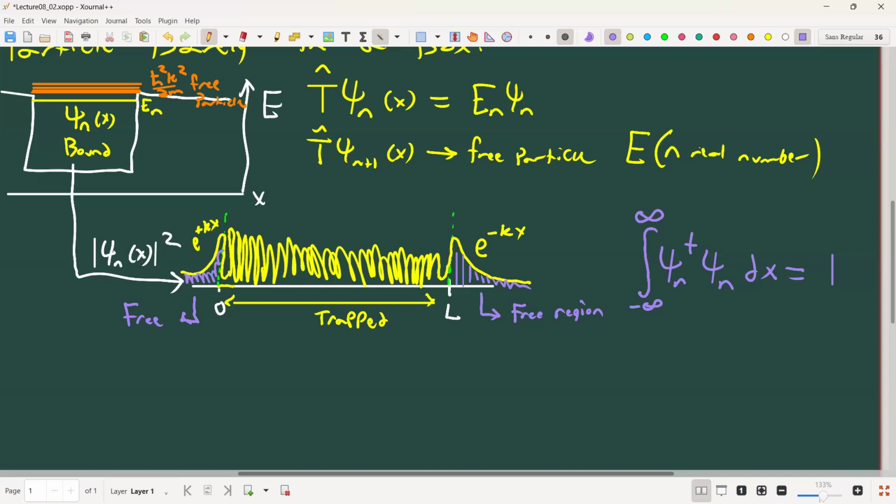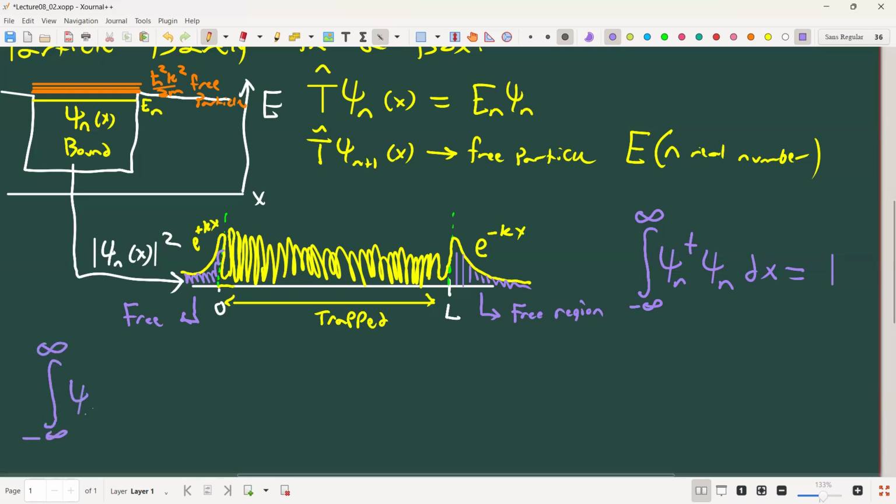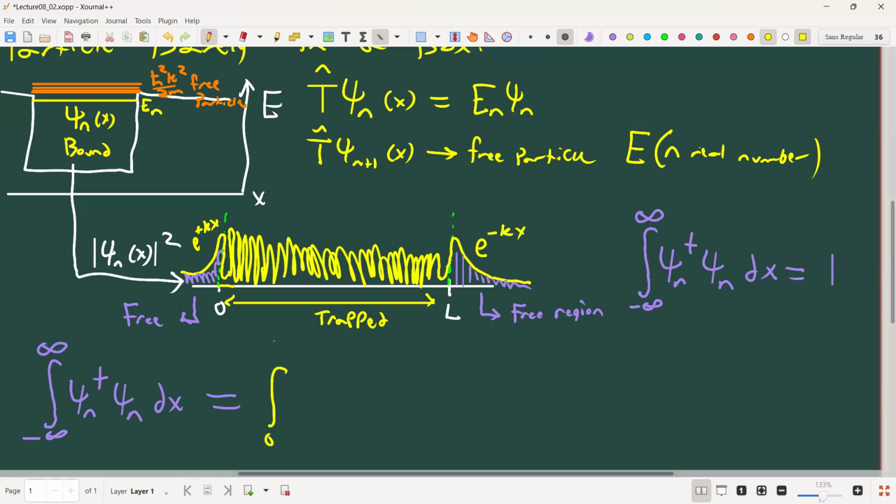So what we can instead do is break up this integral into two parts. One, we can do the trapped part, the bound part. I'll just roughly color it in yellow.